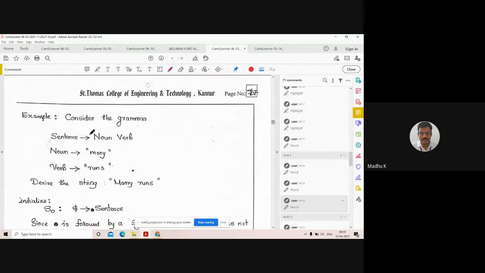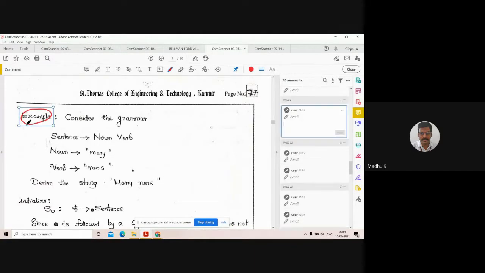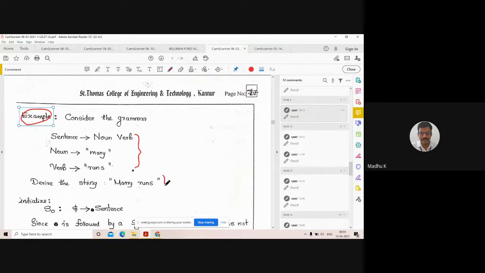Next, we are discussing this example. This example is also very important. Sometimes you are given a grammar and also a sentence, and you want to apply the Earley parsing algorithm and try to generate the sentence.